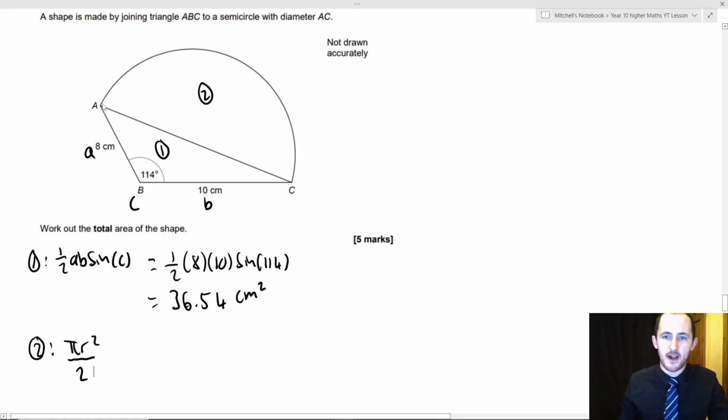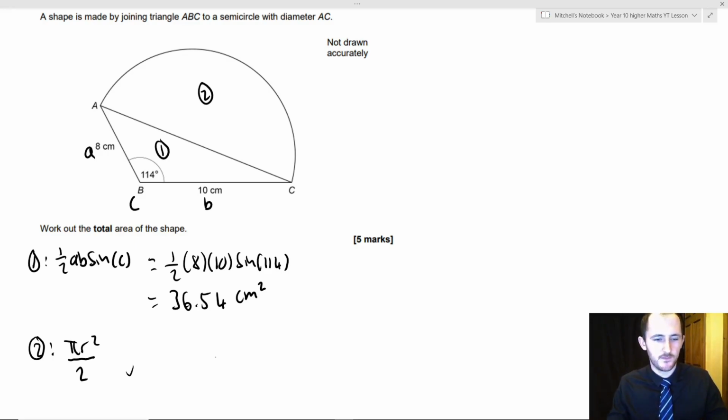We can work out the length AC using the cosine rule, and that is the diameter of the circle. So if I work out the diameter, the radius is just half that. Okay? Is that all okay with everyone? I think that is. So again, Lila, I know you know. Okay.